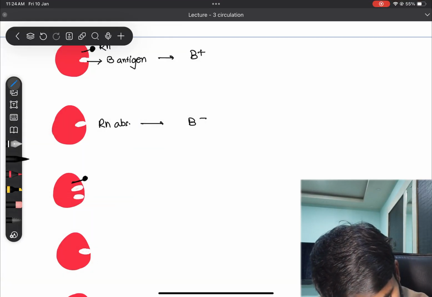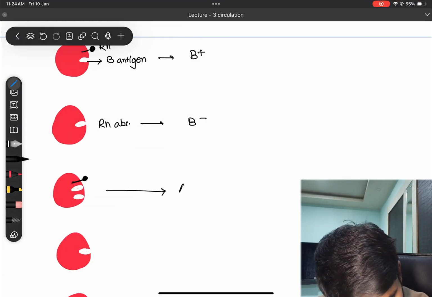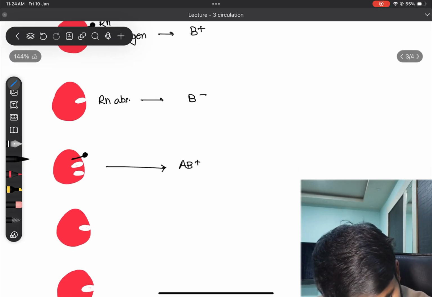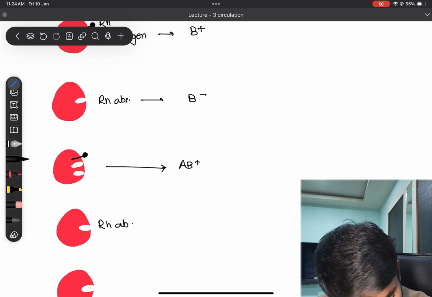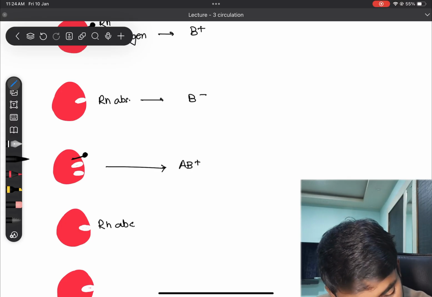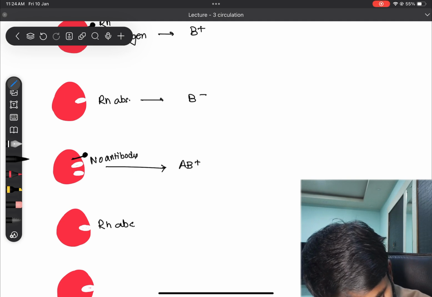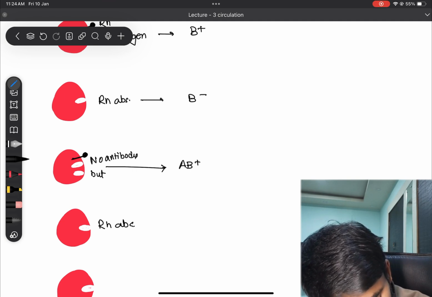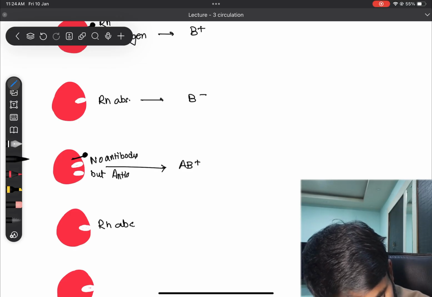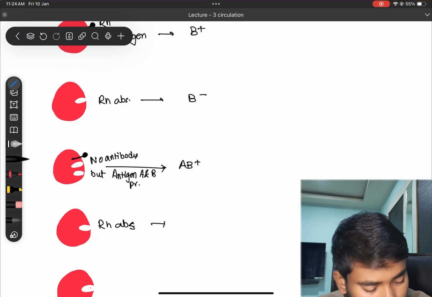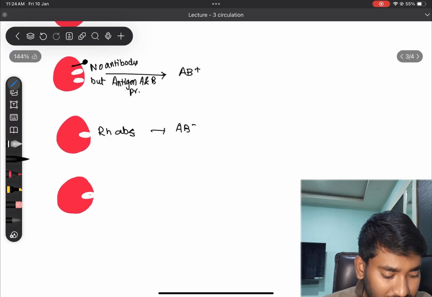Now it comes to AB positive, and if Rh absent, with antigen A and B present, so it is AB negative.